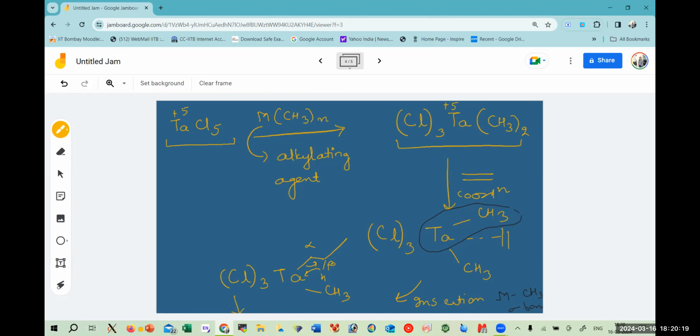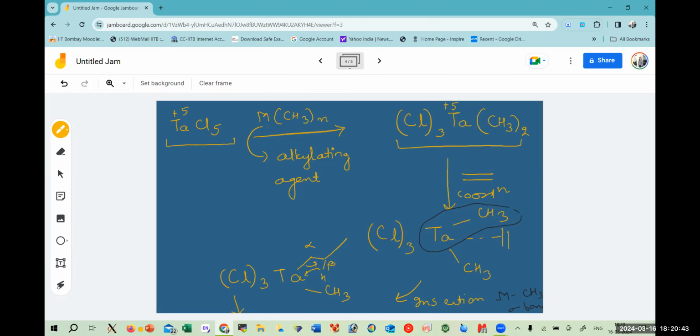So only two will go out, and the rest of the coordination number would be fixed from the alkyl. So two alkyls will come into the picture, maintaining the oxidation state. And now when it is +5, we are introducing the alkene over here. The alkene could only be coordinating with this one as a pi interaction, and the two alkyl groups remain as such.